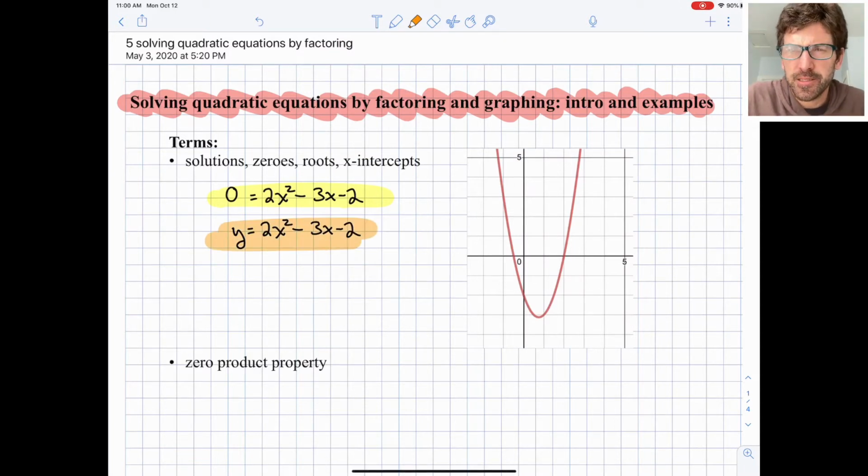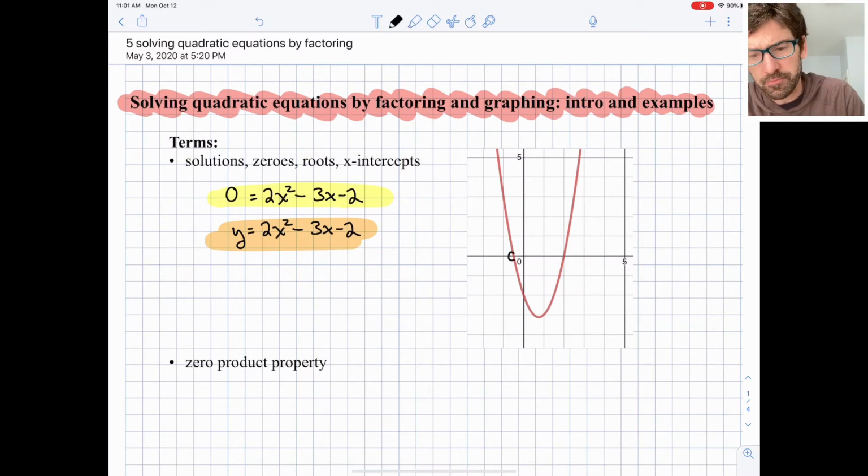And in this next line, what's highlighted in orange, we have a quadratic function, y equals 2x squared minus 3x minus 2. We could graph that up as a parabola, and I'm showing it graphed to the right of your screen right now. And if we are looking for what's called the zeros or the roots or the x-intercepts, in this case we are looking for the places where the parabola crosses the x-axis.